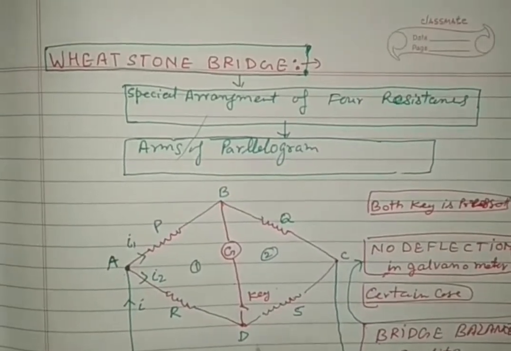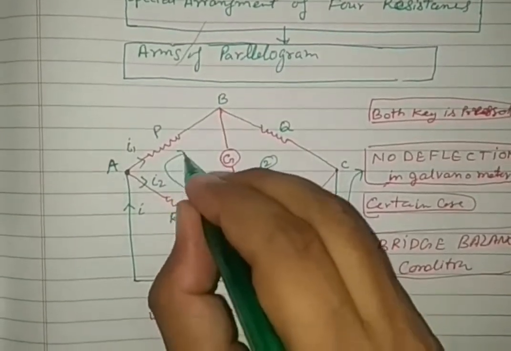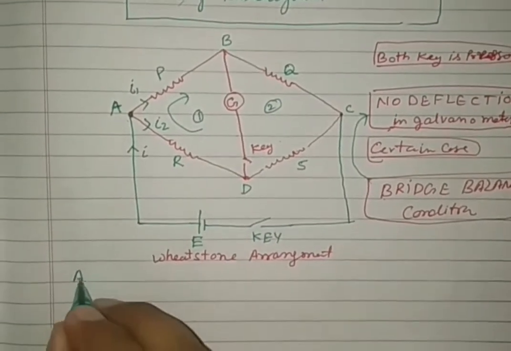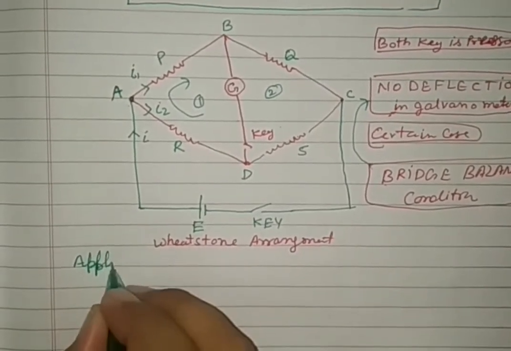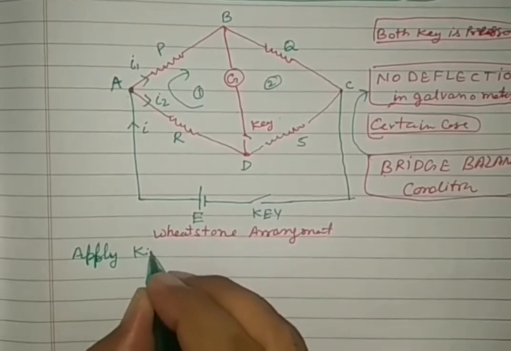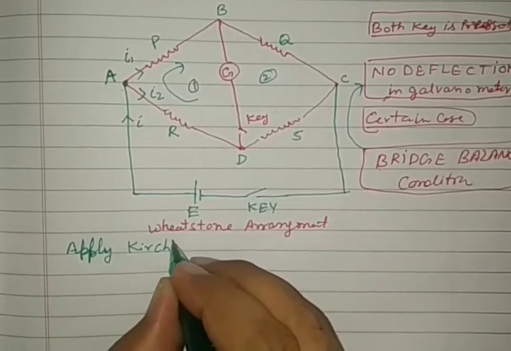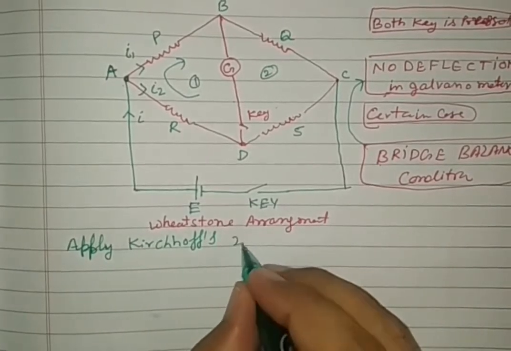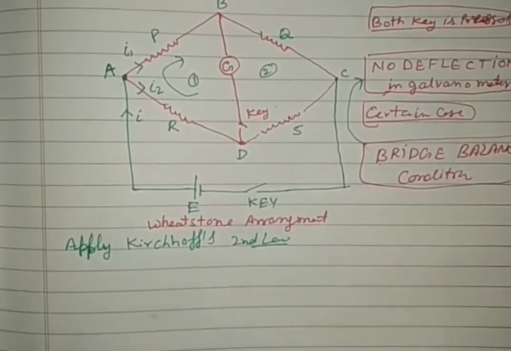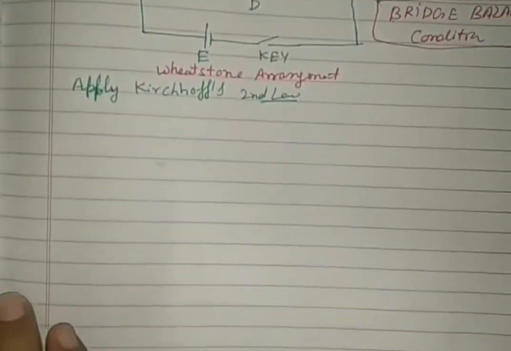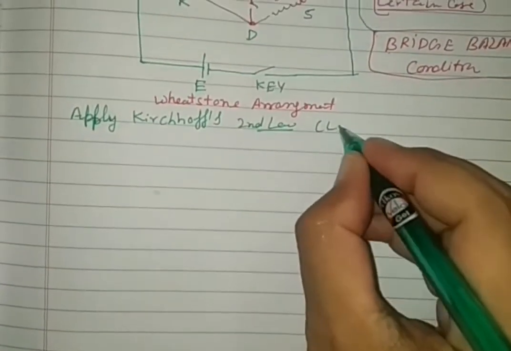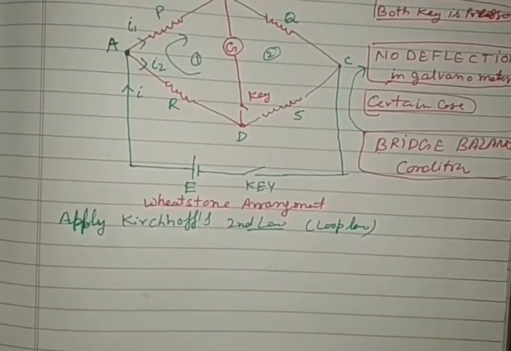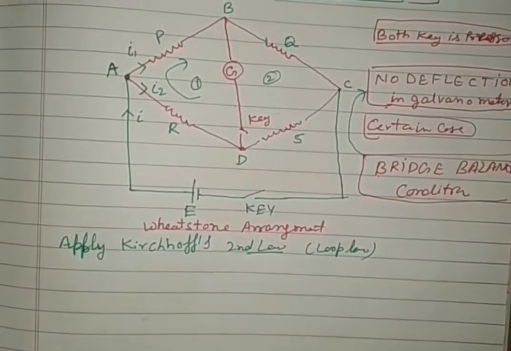And in these loops, we are going to apply Kirchhoff's second law, that is called the loop law, KVL, for potential difference.